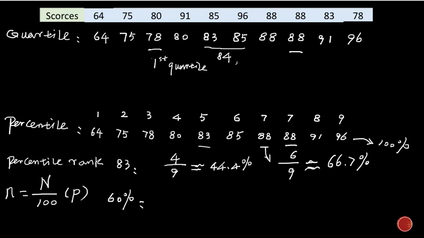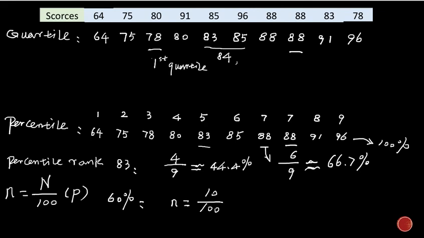So to find the 60% or 60th percentile, we need to first figure out the ordinal number, a little n, which is 10 over 100. Actually, this is the 10 data divided by 100.